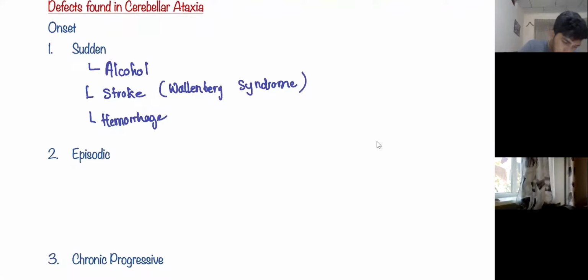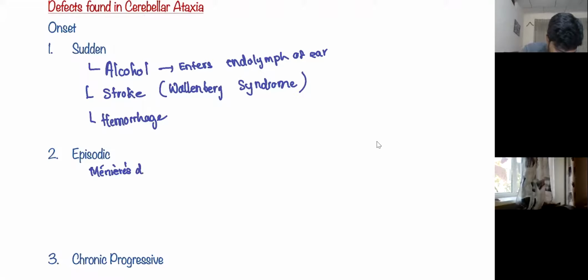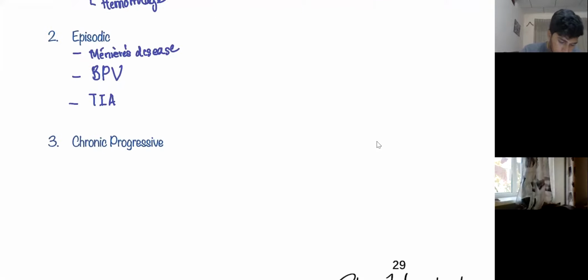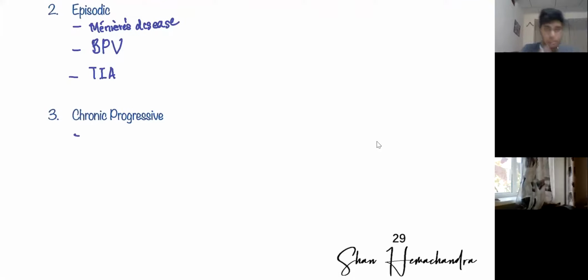Alcohol enters the endolymph of the ear. If it is episodic, it could be Meniere's disease, benign positional vertigo, which are ENT topics, and transient ischemic attacks. Chronic progressive. Can someone tell me the most common chronic progressive disease?